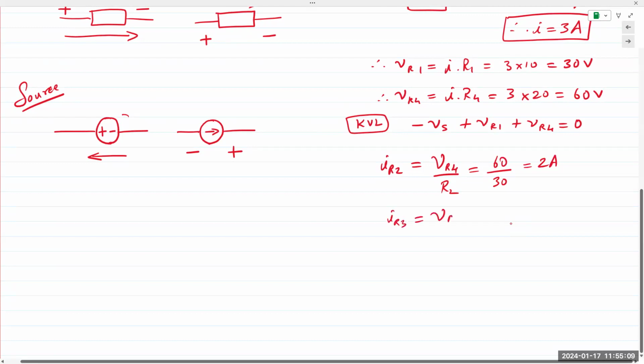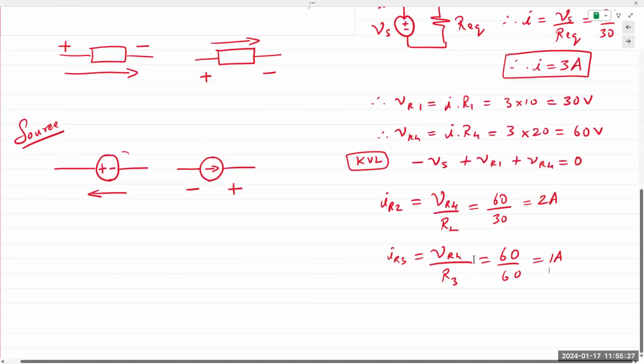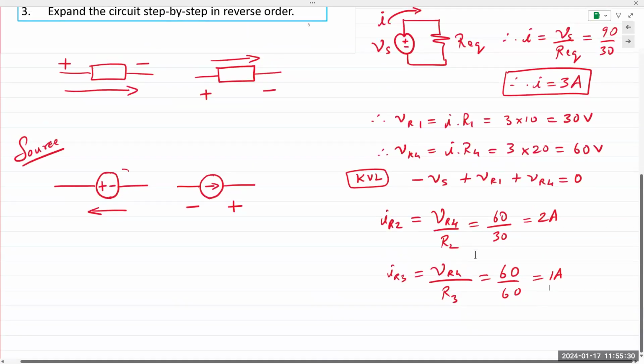And IR3 is VR4 divided by R3. So 60 divided by 60. 1 amp. Which makes sense. 3 amps divided into 2 and 1. Straightforward.